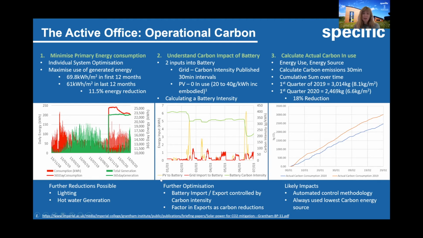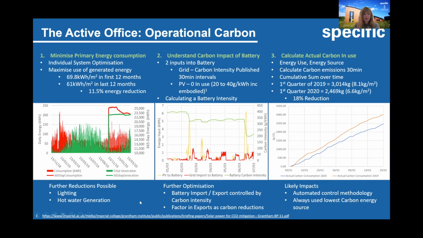Secondly, understanding the relationship between energy and carbon intensity for the storage elements. By considering the battery as a bucket into which you put energy and associated carbon during charge cycles, when you discharge the battery, you are able to calculate a gram per kilowatt hour over what can be a complex energy source mix of both solar PV and grid energy.